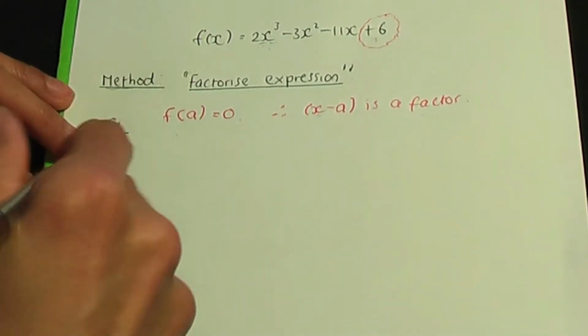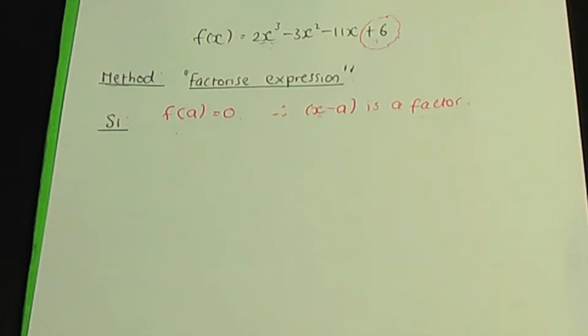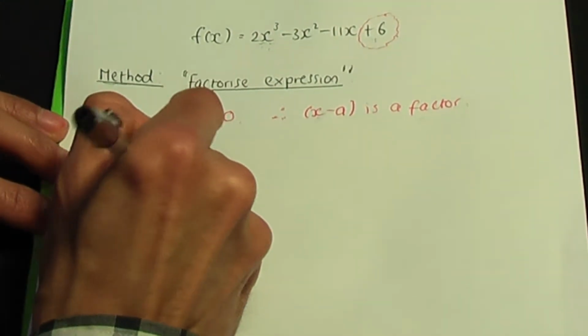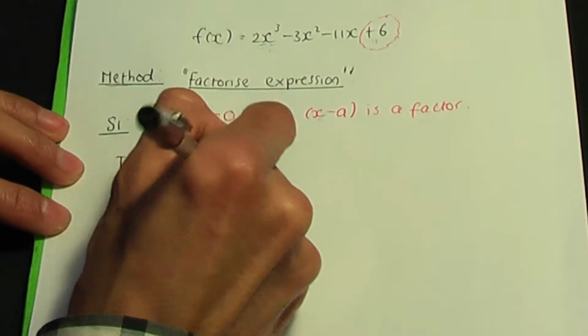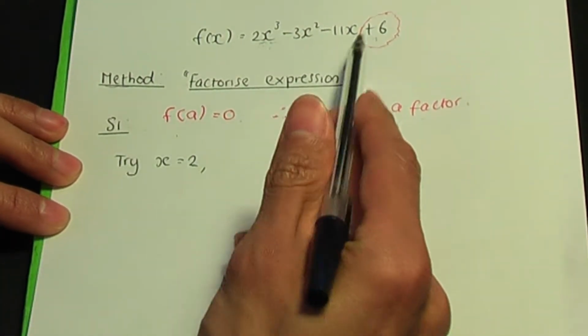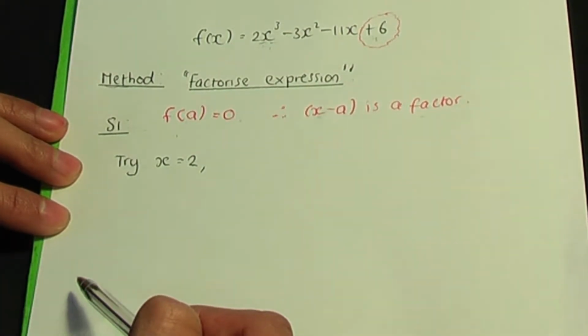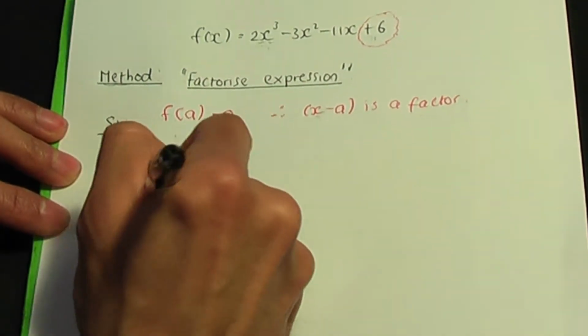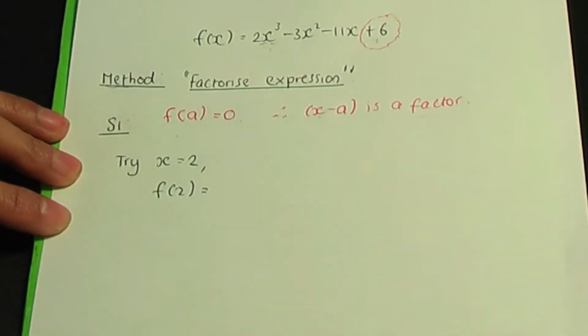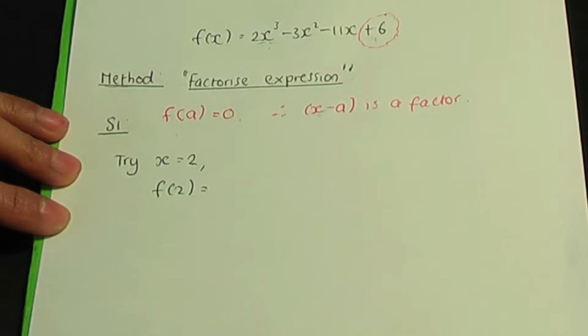So I'm going to try this approach. Let me show you how it works. Let me try x as 2. Remember, 2 is a factor of 6. If I calculate f of 2, let's see whether the answer is going to be 0.